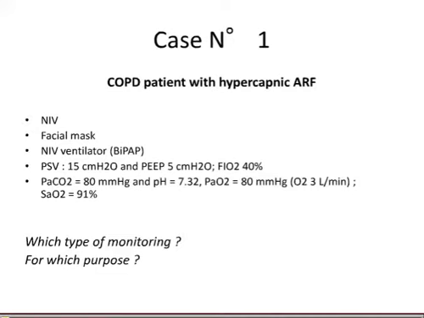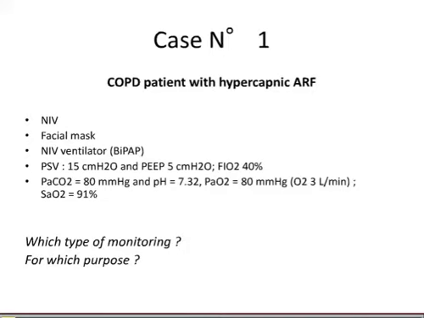This is the first case, a COPD patient with hypercapnic acute respiratory failure, on NIV with a facial mask and an NIV ventilator, type BiPAP or another one, a blower, a turbine.